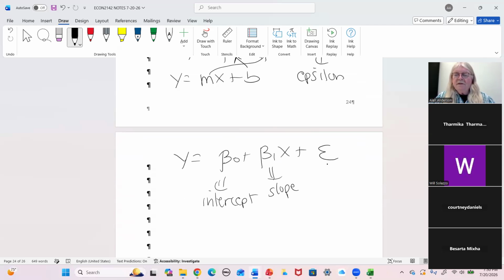What is this doing here? Well, I'll tell it to you first, and then we'll explain it as we go along. This is known as an error term. What is it doing there?